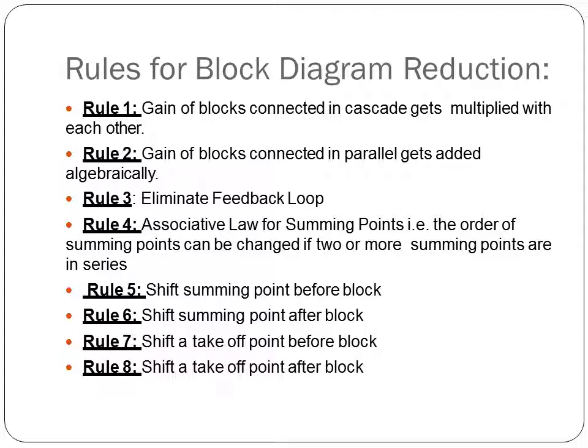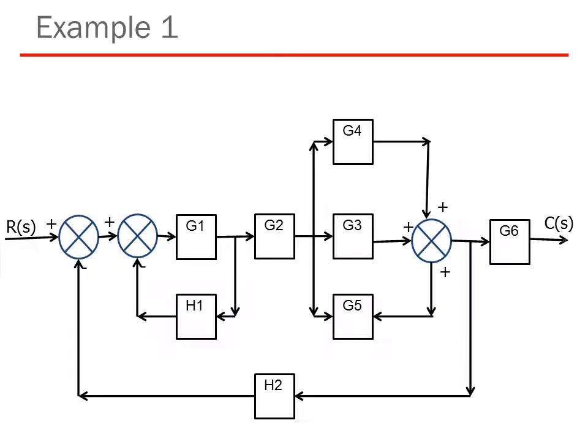So when we shift the summing point after the block, the extra gain added to it is G. Then seventh rule is shift the takeoff point before the block, and eighth rule is shift the takeoff point after the block. So using these rules, we are going to solve the examples.